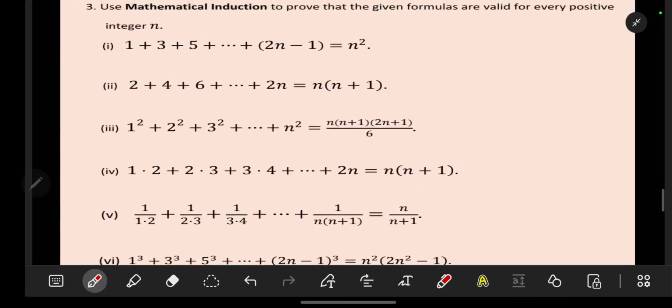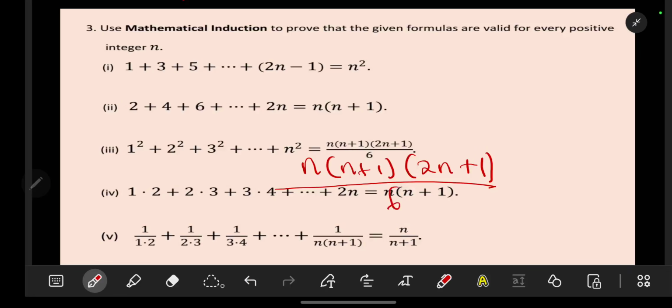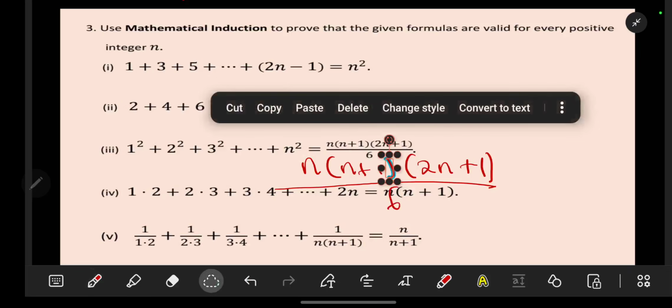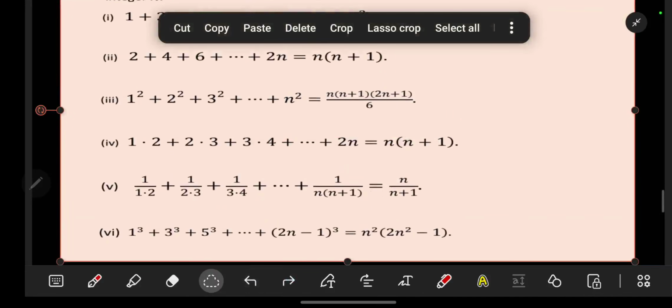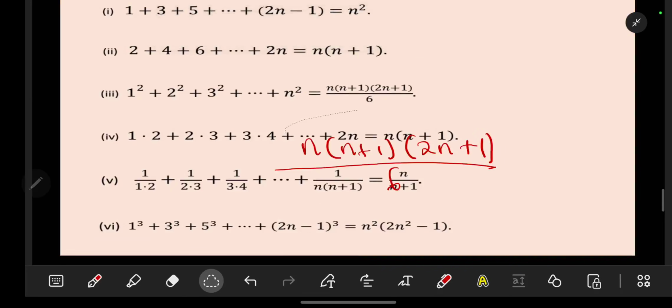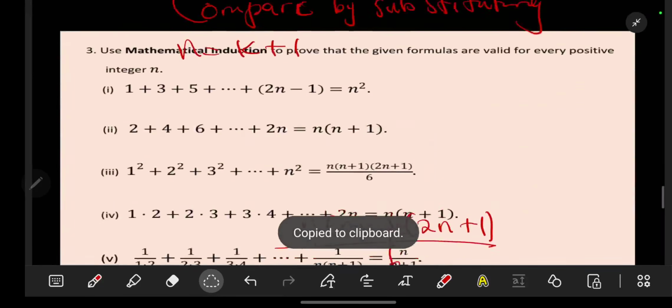The original equation is n, open brackets, n plus 1, 2n plus 1, over 6.